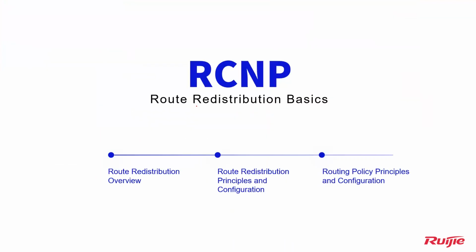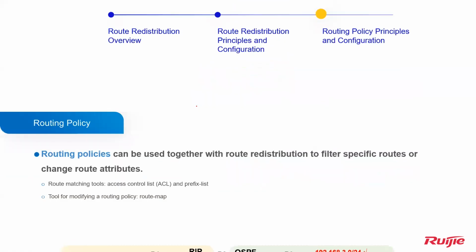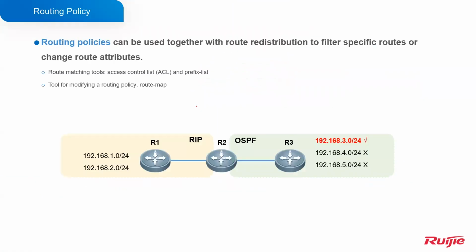Okay, and next, let's see route policy principles and configuration. Because to solve these problems we just introduced, caused by misconfiguration of route redistribution, we can use the routing policy. Let's see how that works. Routing policies can be used together with route redistribution to filter specific routes or change route attributes.